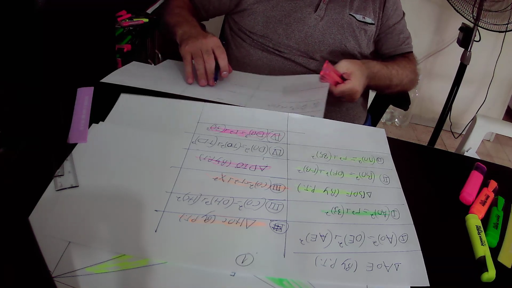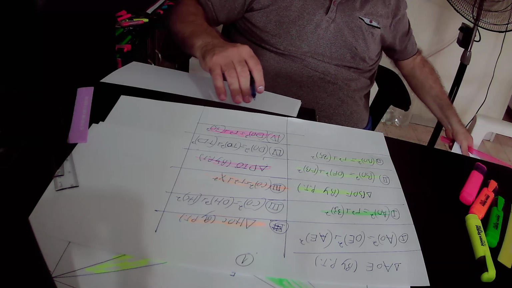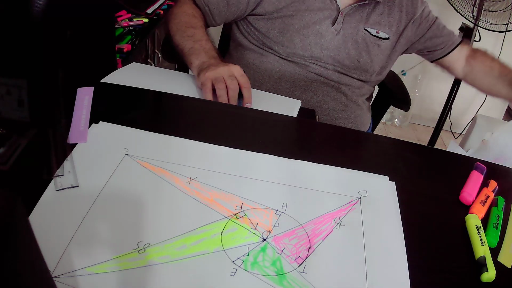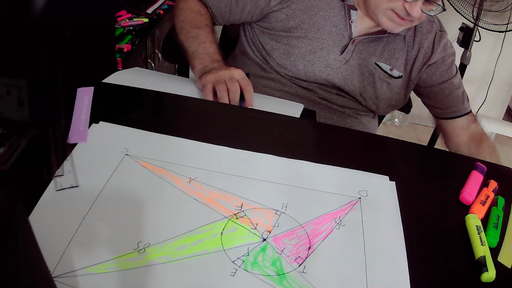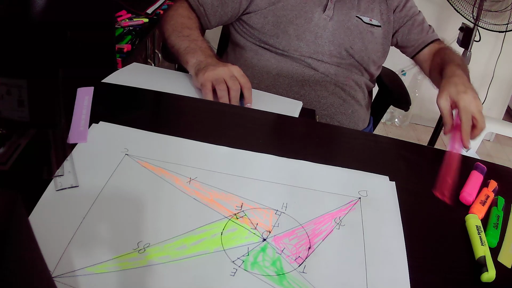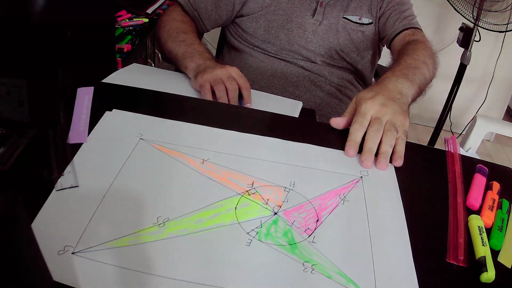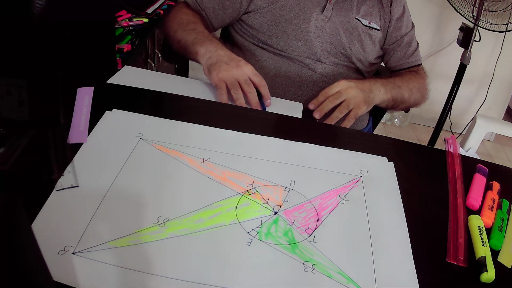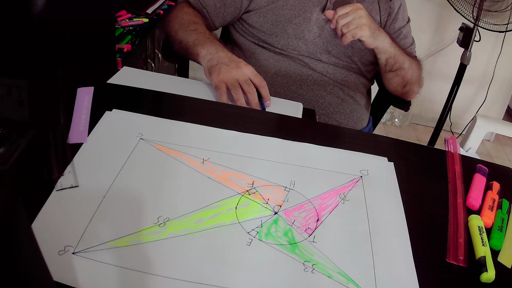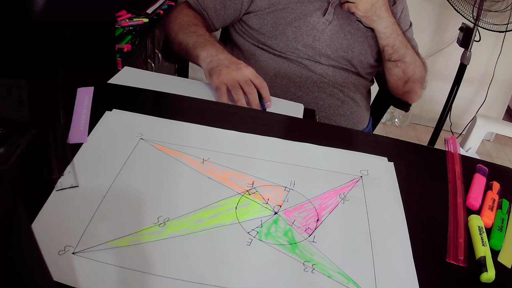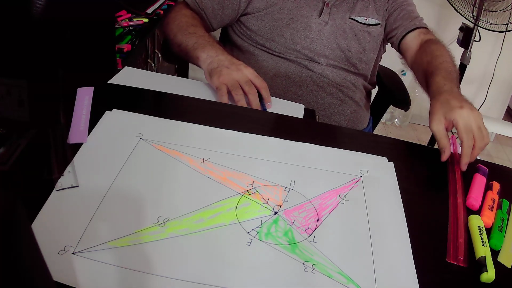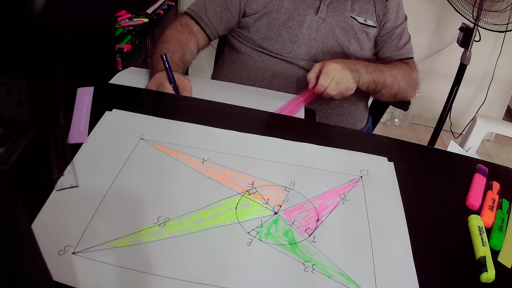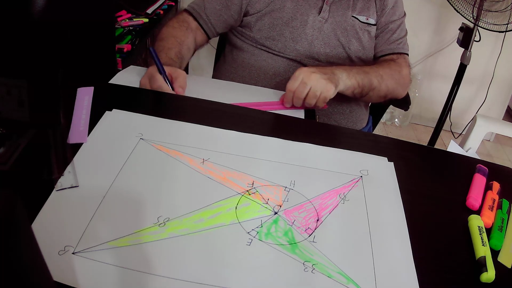In the next step, I'll copy rectangle ABCD with its circle that is inside the rectangle in a new page, and we will analyze the rectangle with its circle inside it. So we have rectangle ABCD.